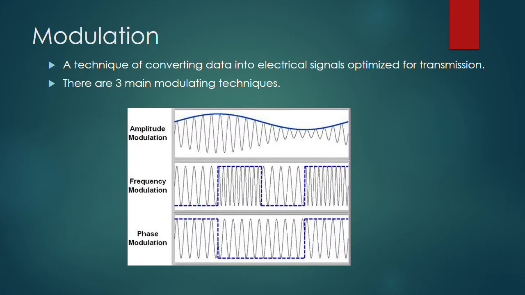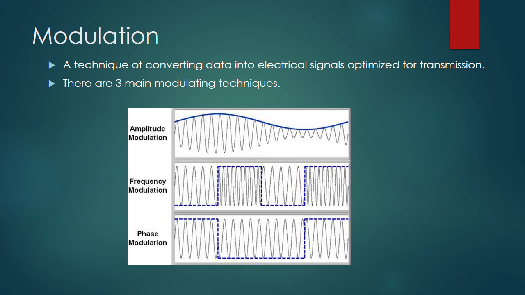And the next one is the main concept in data communication methods. It is modulation. It is a technique used to send information by modifying the characteristics of a basic electromagnetic signal.